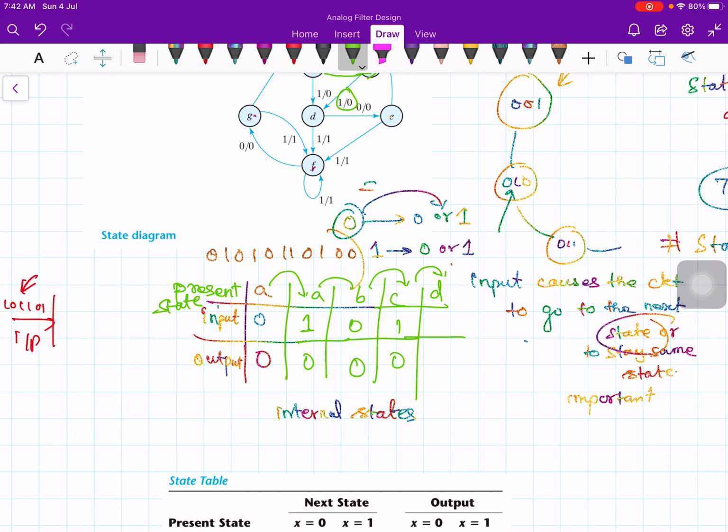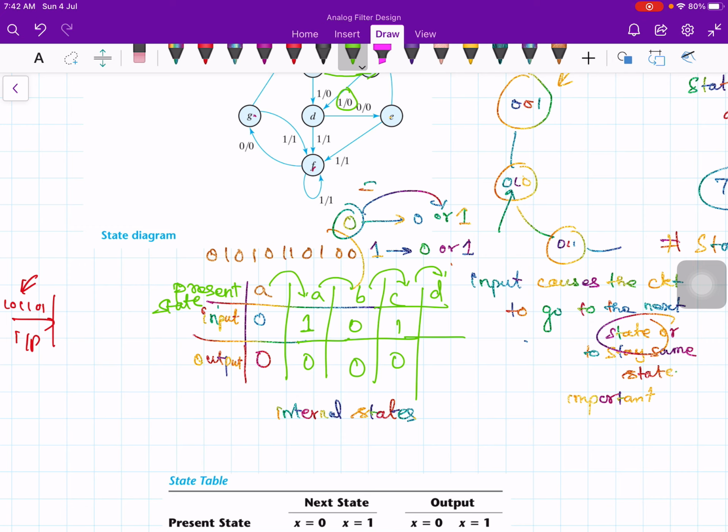It is important to realize that in the circuit the states themselves are of secondary importance, because we are interested only in the output sequences caused by the input sequences.